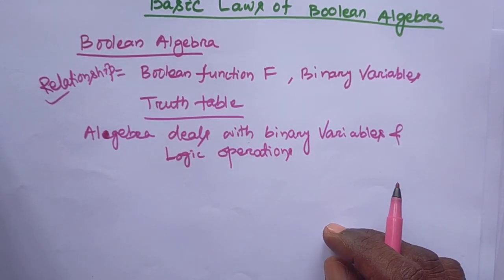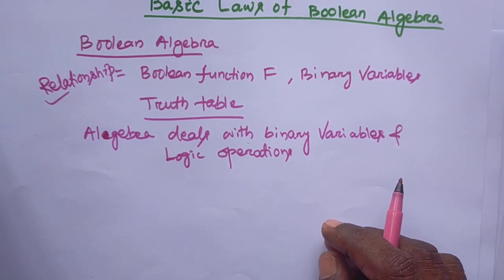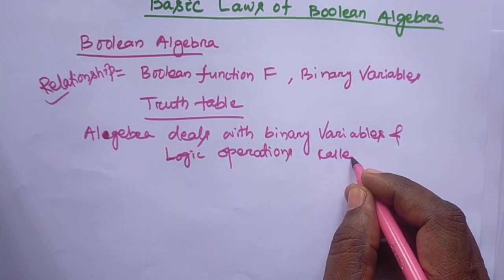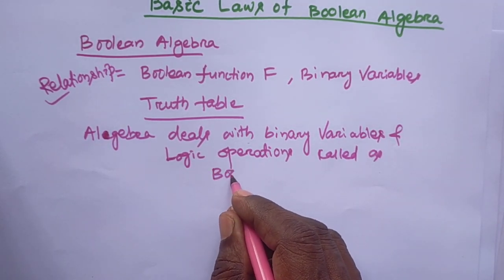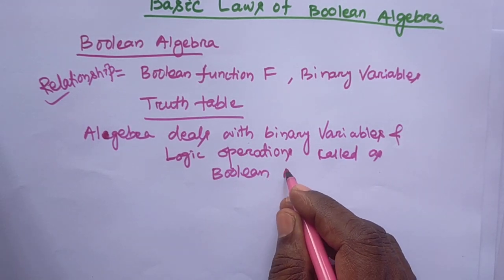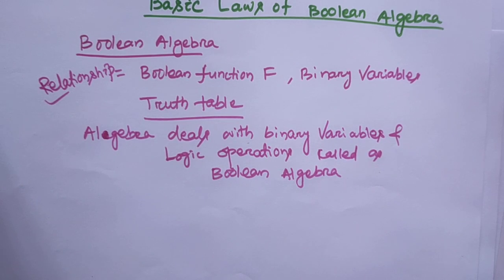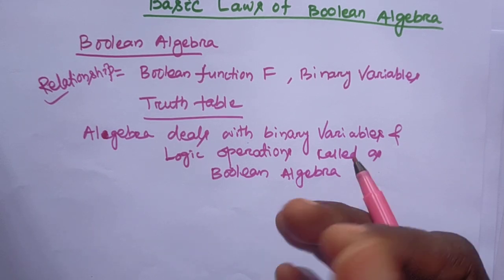Algebra deals with the binary variables and logic operations. Whenever this kind of algebra is defined, we can call it Boolean algebra. That means an algebra which deals with binary variables and logic operations we call a Boolean algebra. So this is some definition we can define.